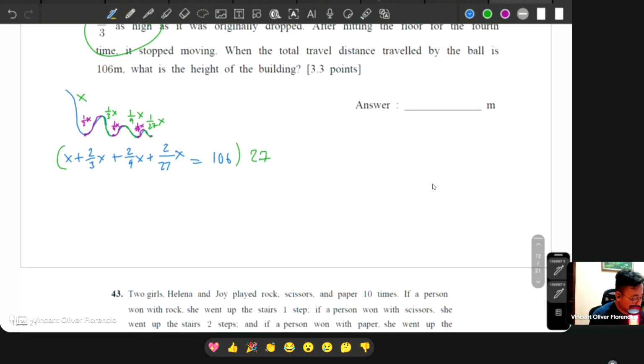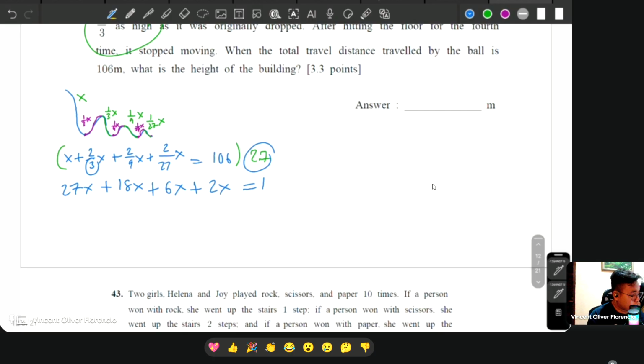We will have 27x plus 27 divided by 3 is 9 times 2 is 18, so 18x, second term. 27 divided by 9 is 3 times 2 is 6, so 6x. Lastly, 27 divided by 27 is 1 times 2 is 2.